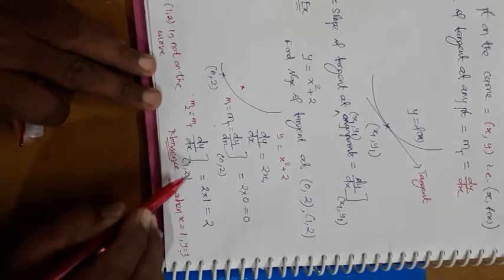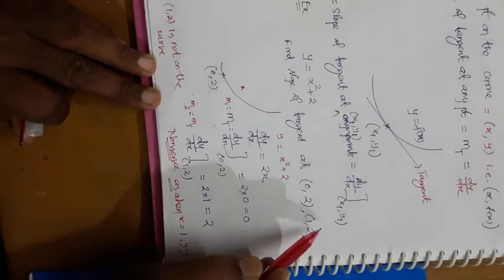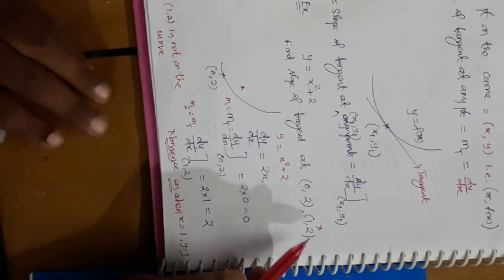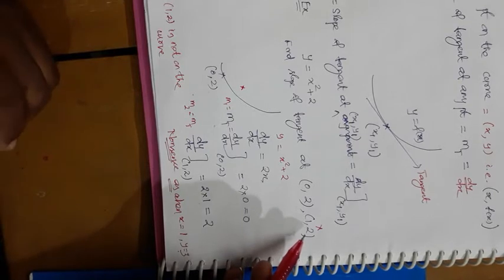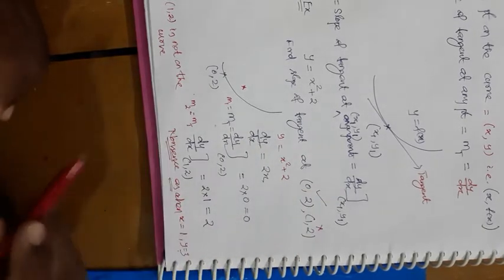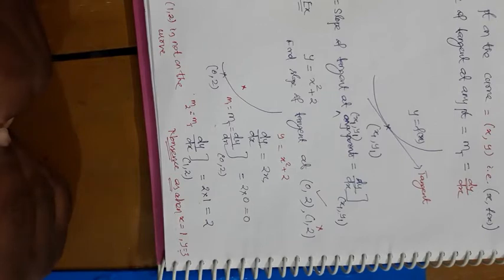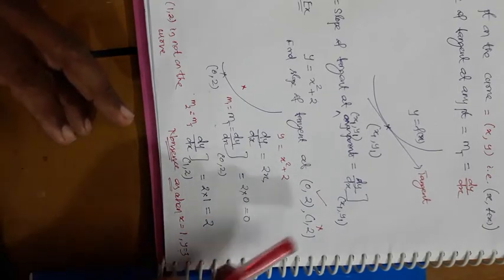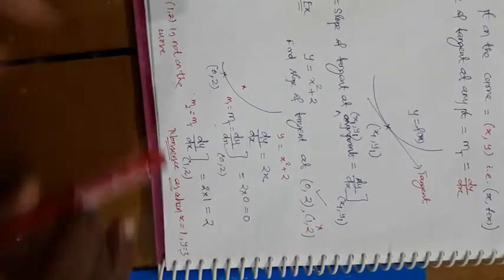If the point is not on the curve, then how will you find the slope of the tangent at that point? So the slope at the point 0, 2 is 0, while the slope at 1, 2 cannot be determined.